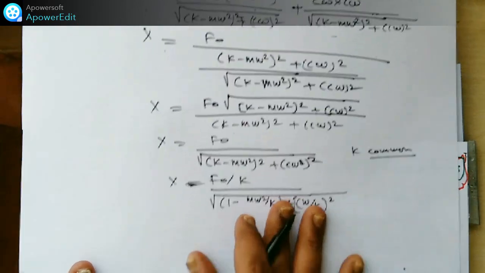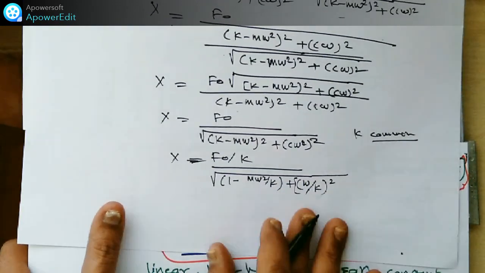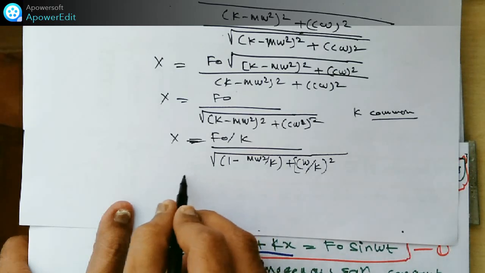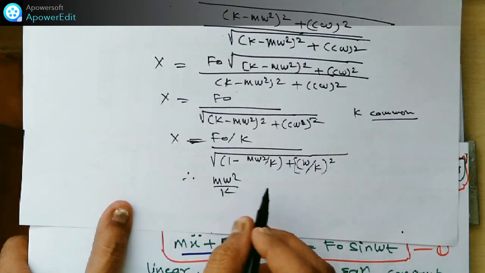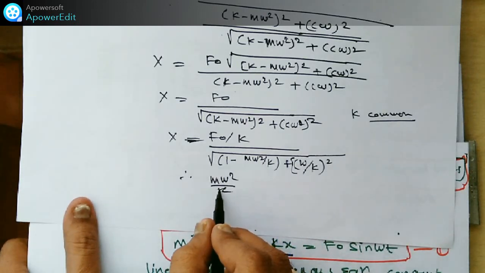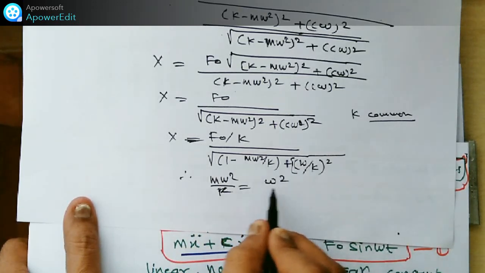We know m omega square upon k is omega square upon k by m.